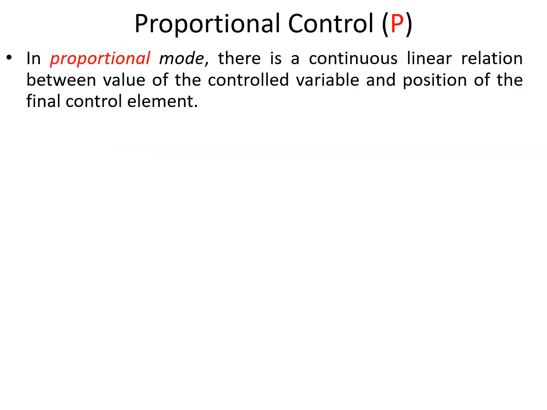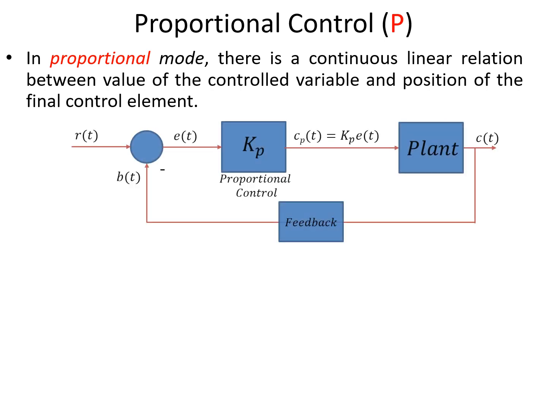First, coming to proportional control, P. In proportional mode, there is a continuous linear relationship between the value of the control variable and the position of the final control element. As you can see here, Kp is the proportional constant value for the controller, E of t is the error signal, and B is the feedback signal.